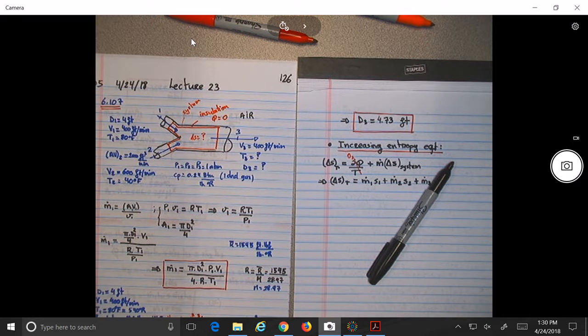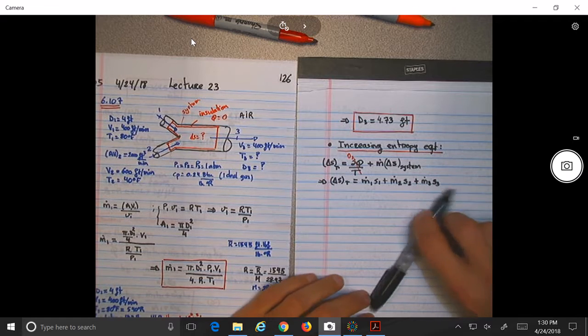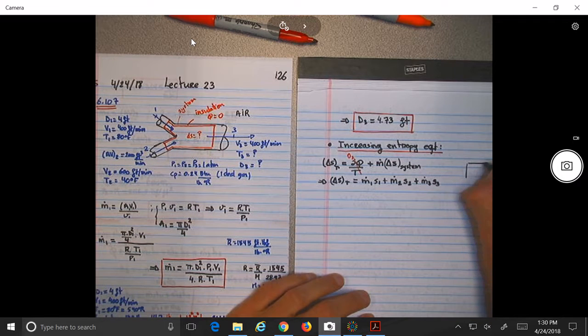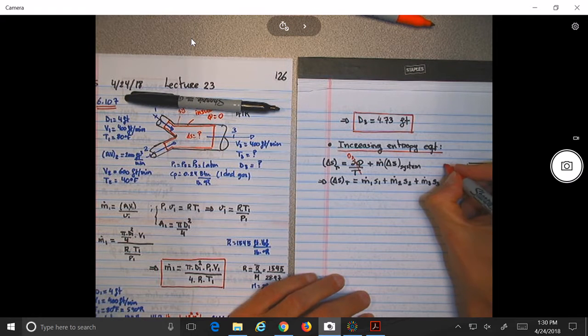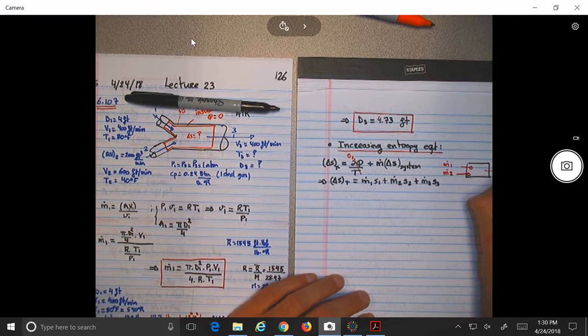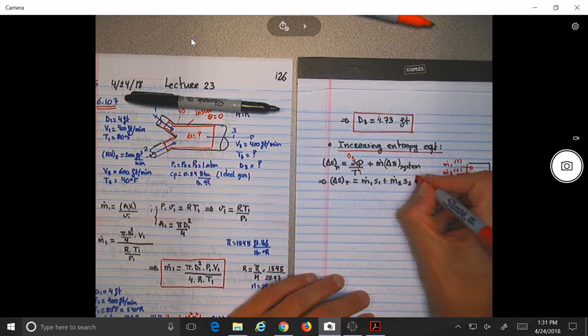What will be negative? Is it just because it's leaving? Okay, I might buy that one. So let's see. Let me do a figure here. So basically, you can say M1 is going in, M2 is going in, M3 is leaving. So let's say it will be positive, positive, negative. So that means that this sign here is negative.